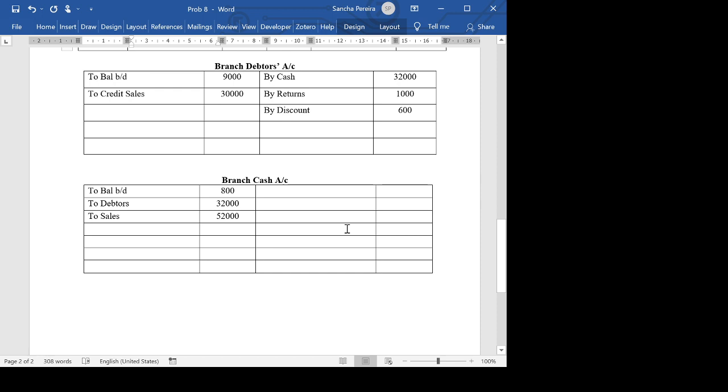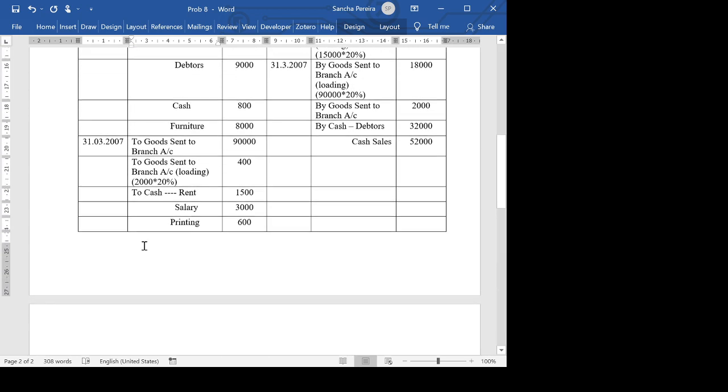So either way it doesn't affect the branch cash account. If the head office pays it directly, it has no relevance at all. Even if the head office is sending cash to the branch, the branch will automatically pay for those expenses and the effect will be nullified. Is that clear? I hope this is understood.